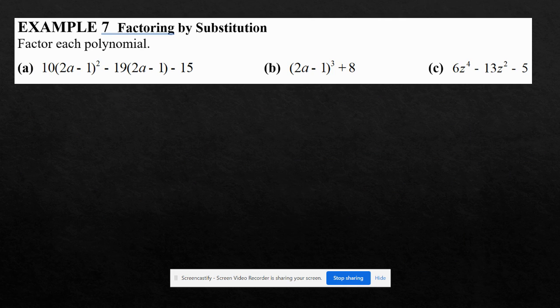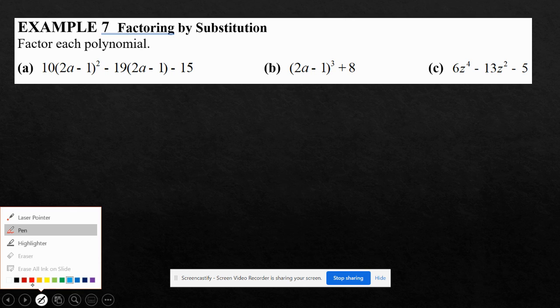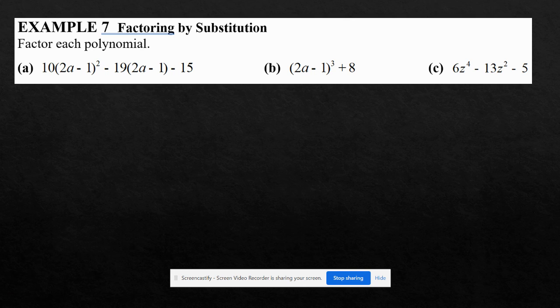Last but not least is factoring by substitution. So basically what we're doing is pulling out something that makes it awkward for us to factor and setting it to some variable where we can go back and plug in the value that made it awkward. And usually we use u. And it's usually going to be whatever value is in parentheses.